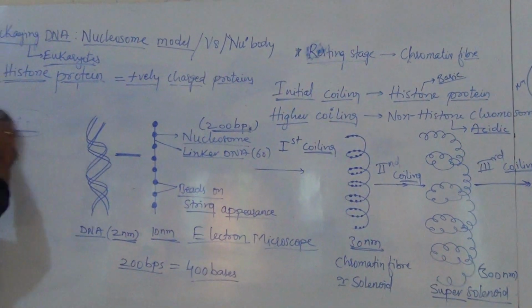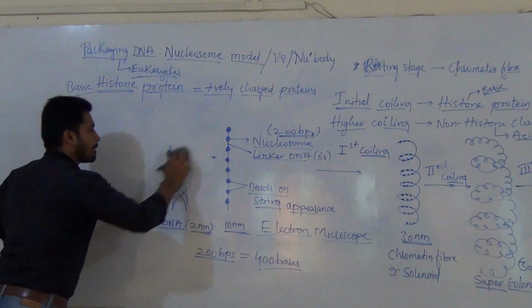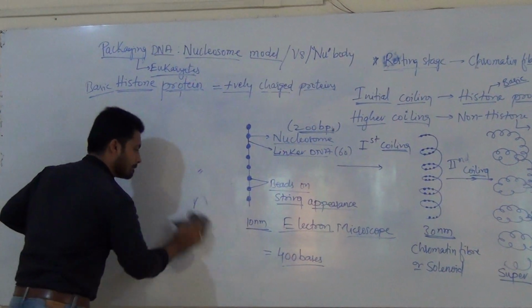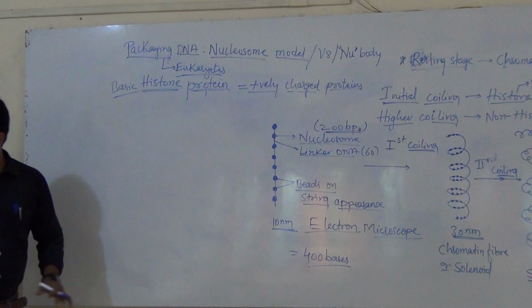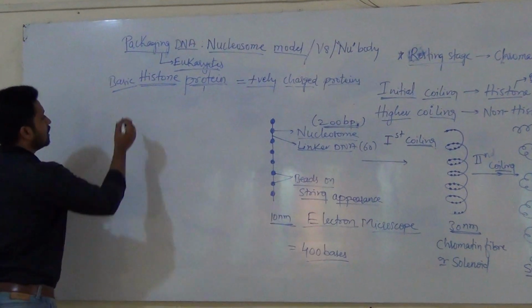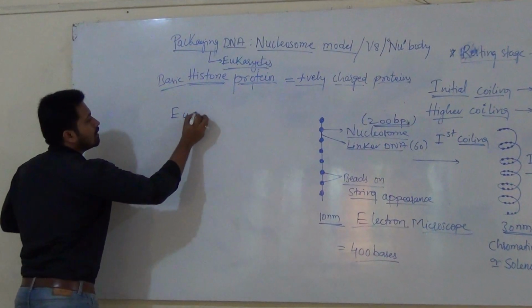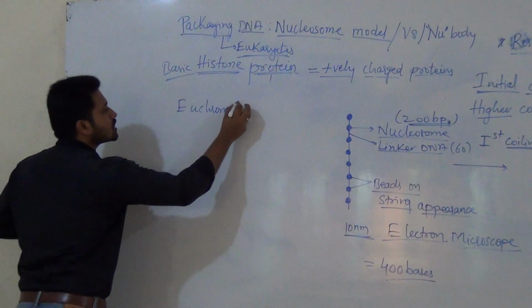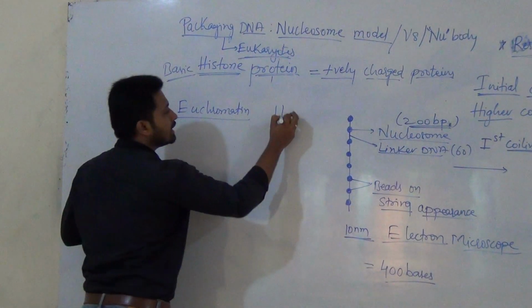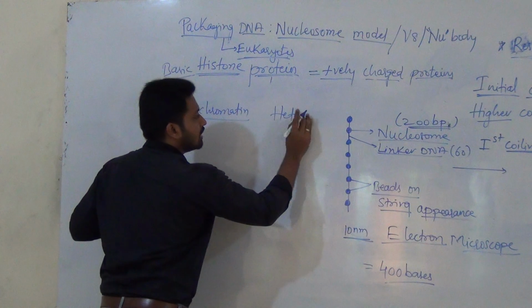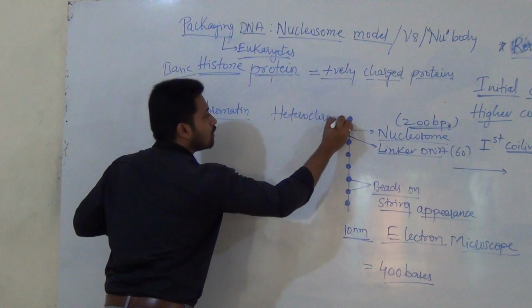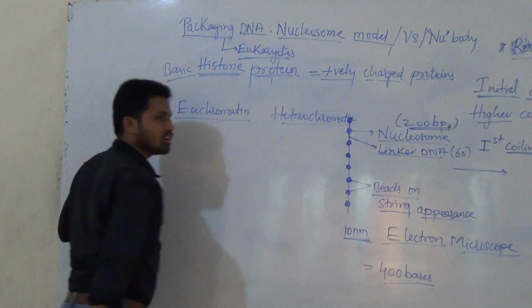I will write here. Again, this is a 2-mark question in theory also. Euchromatin and heterochromatin: a definition for 1 mark may be asked, or a difference for 2 marks.